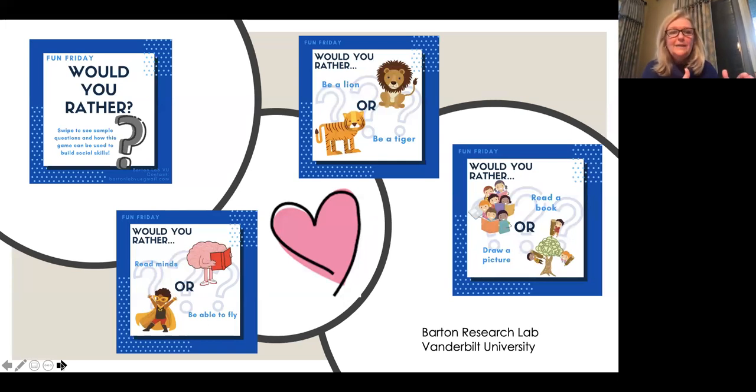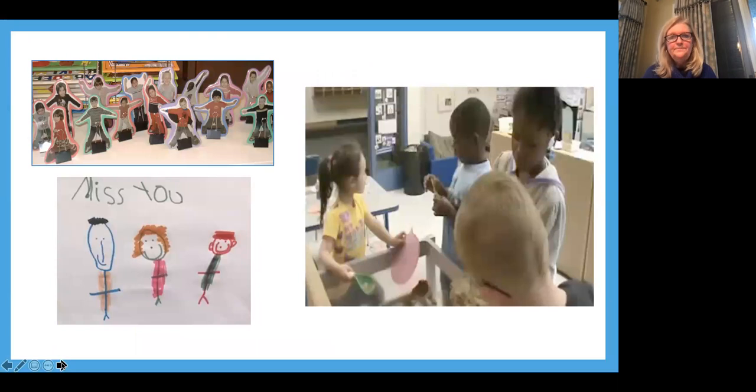I love this one because it's like, would you rather be a lion or a tiger? Why? Think of the conversation and the stories that children could make up about that. Would you rather read a book or paint a picture? Would you rather read minds or be able to fly? There are lots of fun resources that really promote that link we're talking about here.